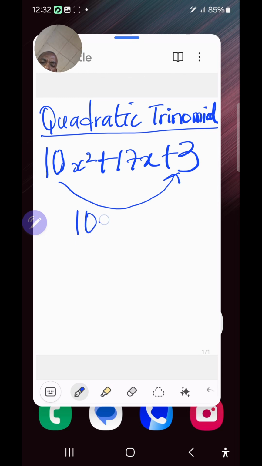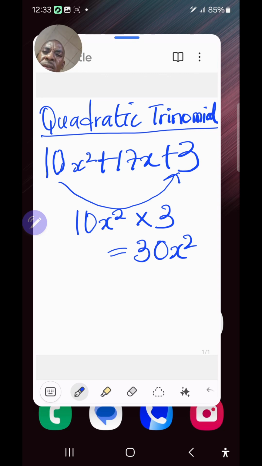We have 10x squared times 3, which equals 30x squared.